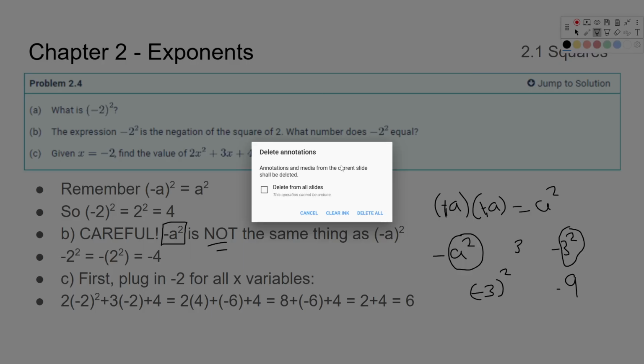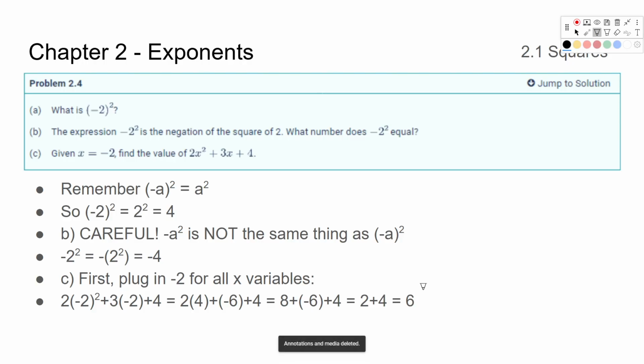Hopefully that makes sense. All right, so the expression negative 2 squared is negation of square. Yeah, we just did that part. So negative 2 squared is we square the 2, and then we don't lose the negative, so it still remains negative 4.